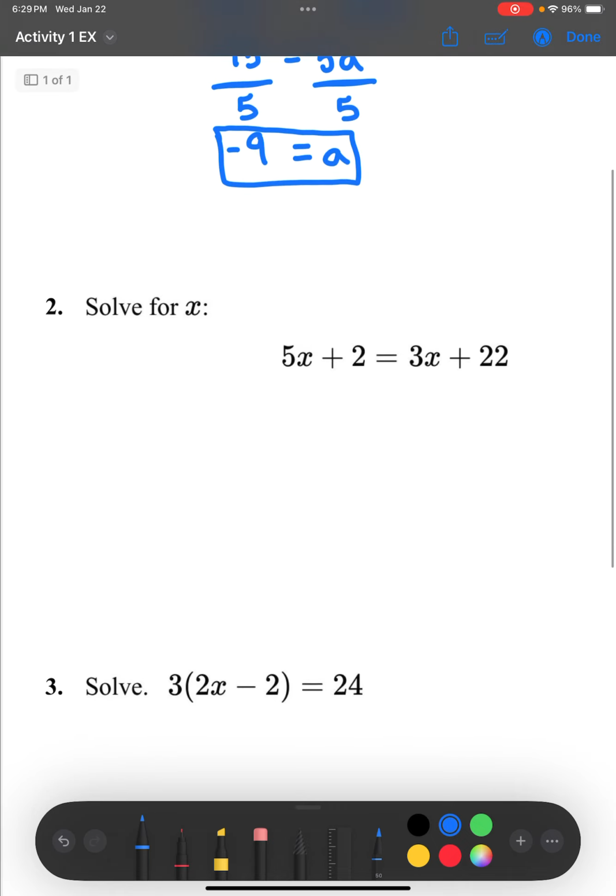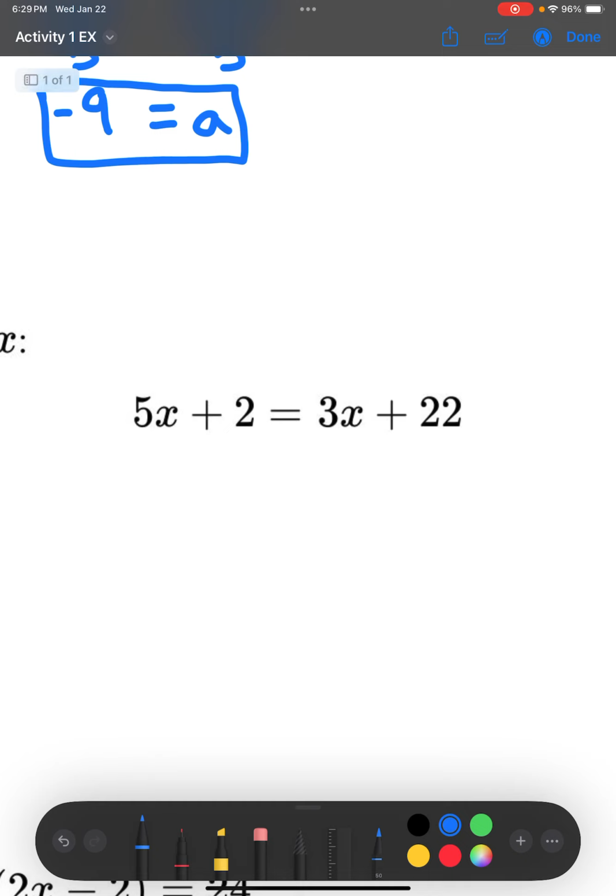Number 2. So this one, we want, again, to get all the x's on one side and the numbers on the other. We can do this by subtracting 2. I'm going to do this in 2 steps. You can always do it in 1 if you can keep track of that, but I sometimes want to do it this way so we don't lose anything in the move of the numbers. Then we have 5x on the left.